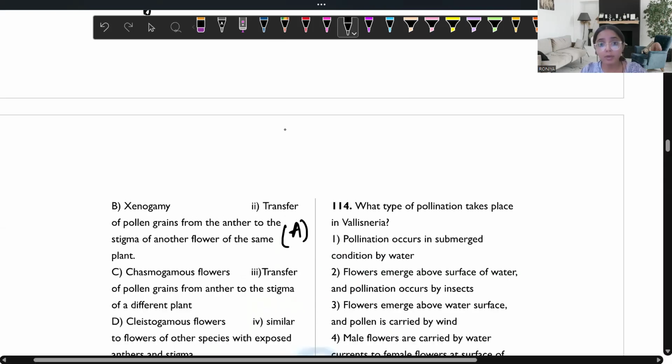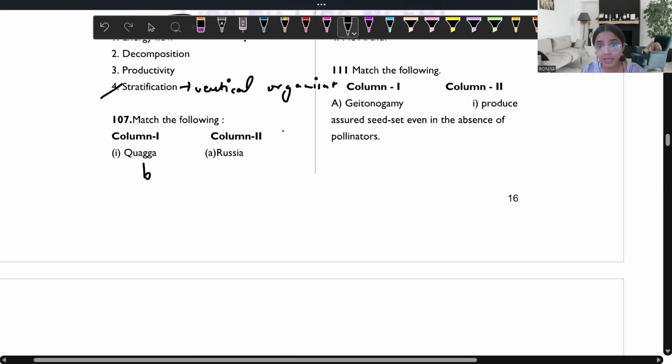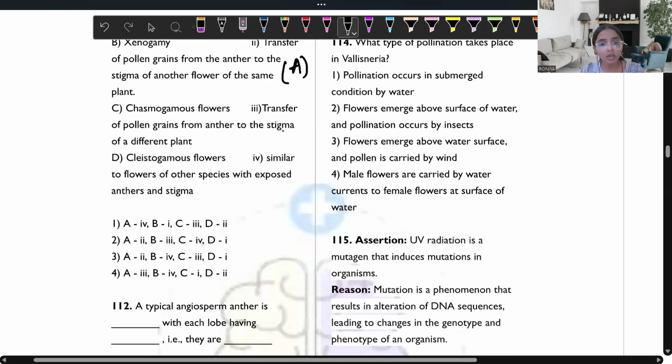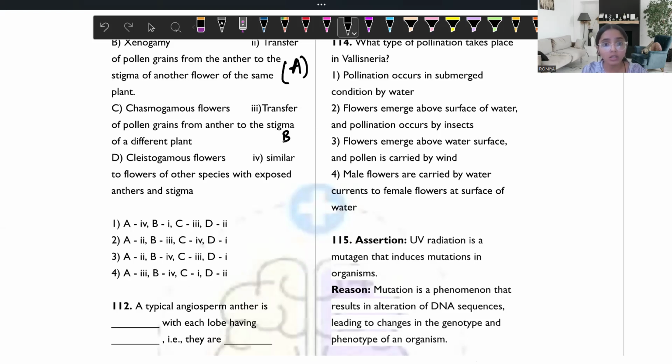Okay, so produce assured seed set even in absence of pollinators is a wrong statement because xenogamy requires pollinators. Now let us see the third one, transfer of pollen grains from anther to stigma of different plant. Yes, this is xenogamy. So B is the answer for statement number 3.